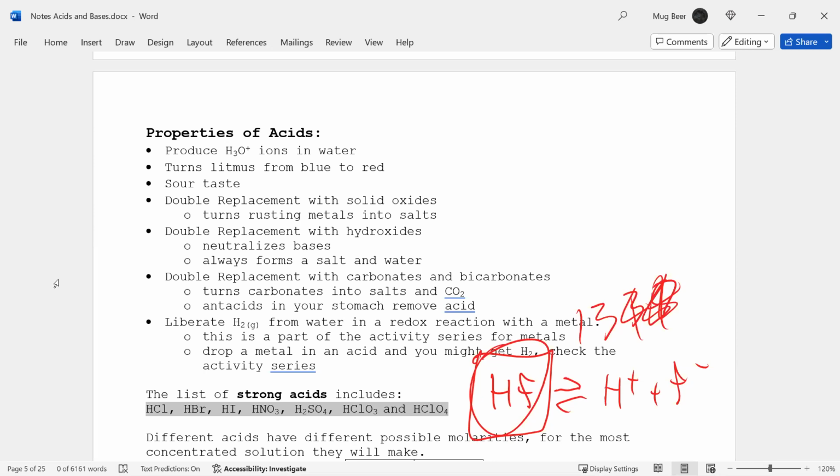And then you have a double replacement reaction with carbonates and bicarbonates. So carbonates or hydrogen carbonates, you get a salt and CO2. So the moment you mix an acid with carbonates or hydrogen carbonates, what is immediately, instantaneously you'll see what happened.